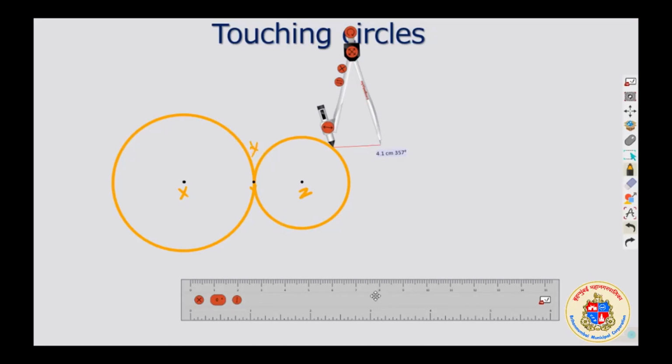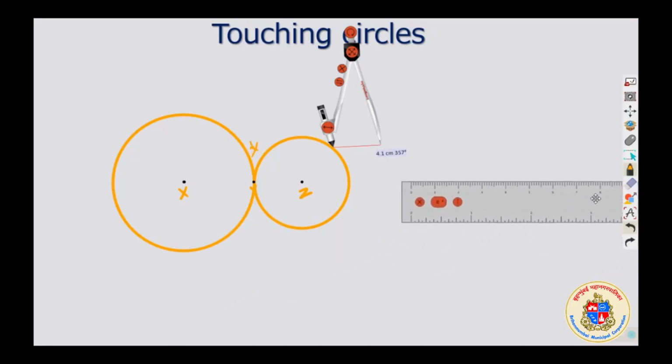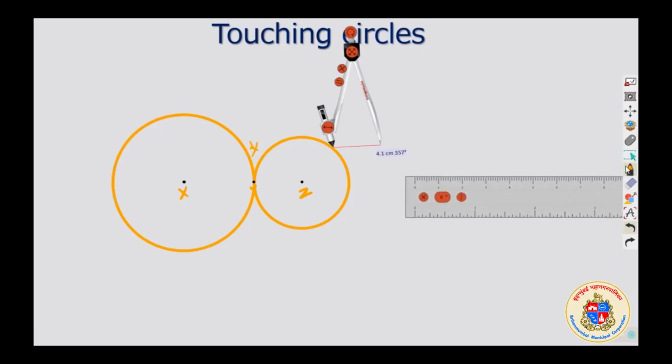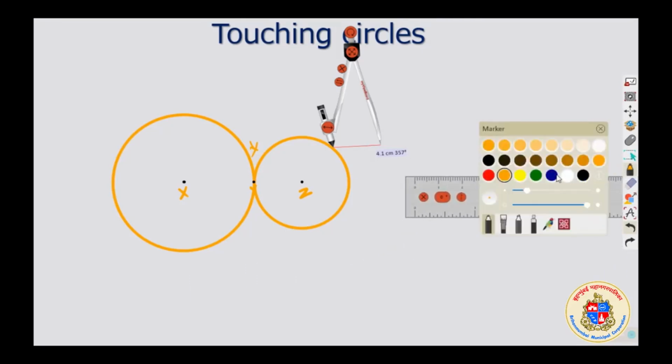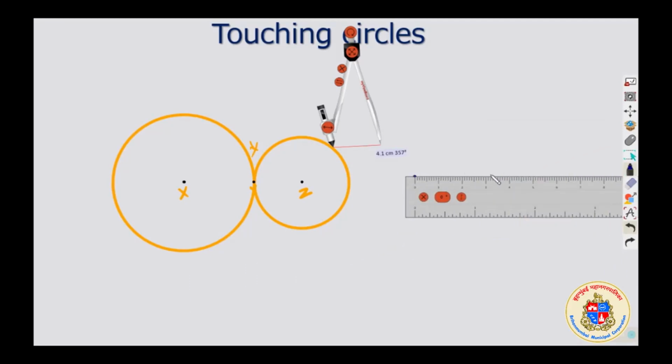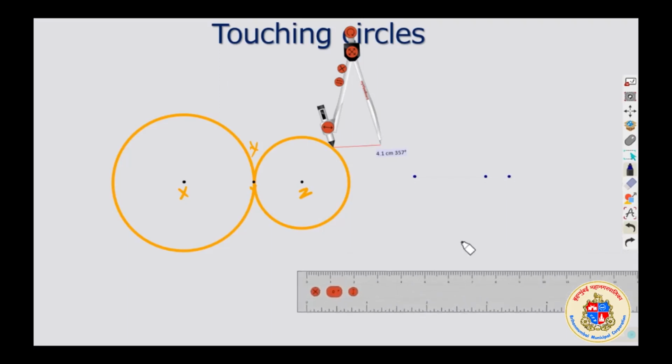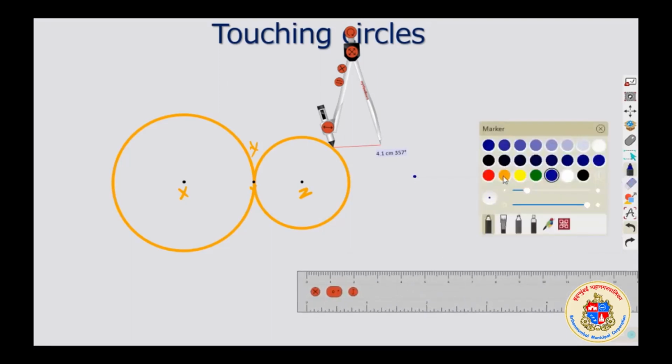I am thinking about drawing another set of touching circles. For that I will be marking 3 points again, but slightly differently this time, marking at 3 and 4. Because of space restriction, I am changing the measurement to 3 and 4, and I am going to draw a circle.